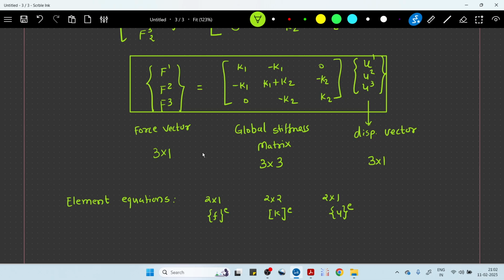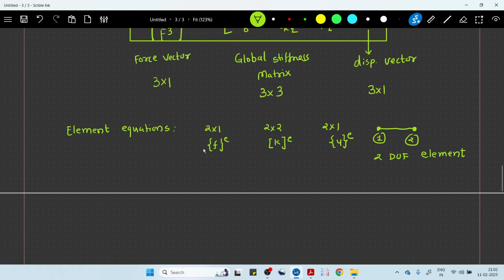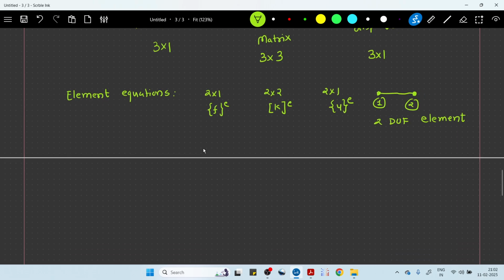So with node 1, node 2, this element is a 2 degree of freedom element, 2 DOF element. 1 degree of freedom for each node, and that's how we got 2 by 1, 2 by 2 and 2 by 1. Similarly, when we perform assembly of connected elements, we get global equations, right?